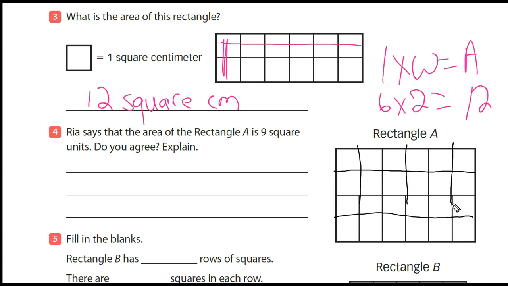Now are they pretty much the same size? Yes. So then that would be 6 times 4, which is 24. That's how she would solve the problem to figure out the area of this rectangle.